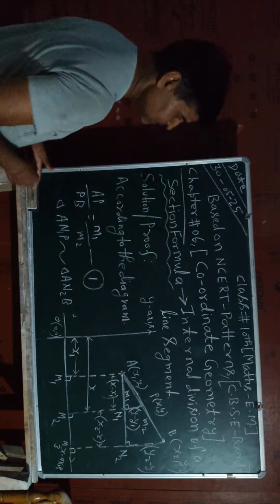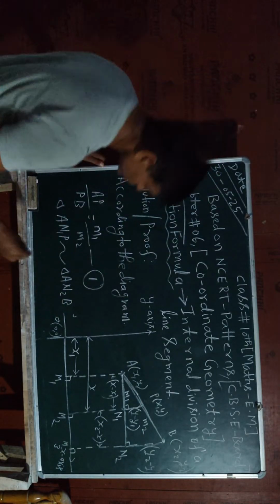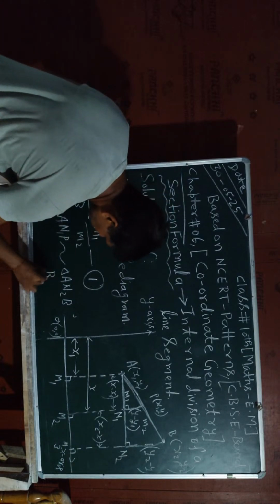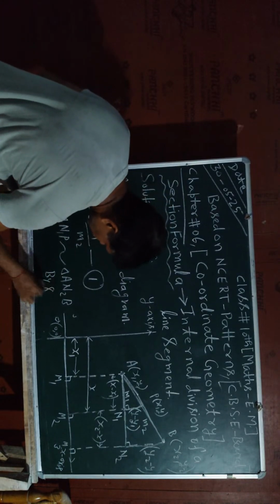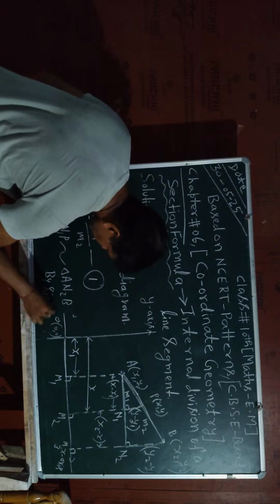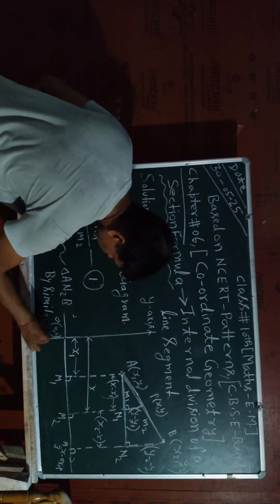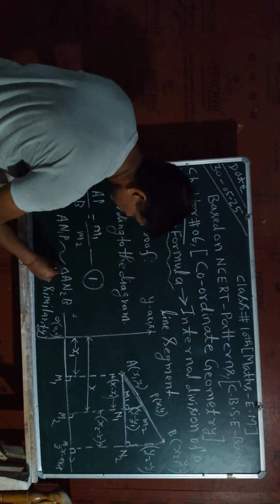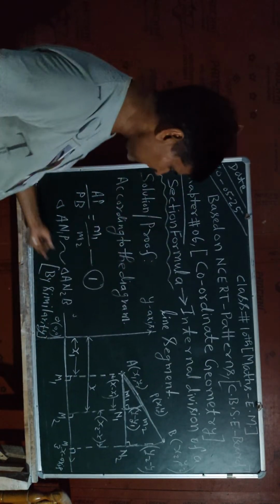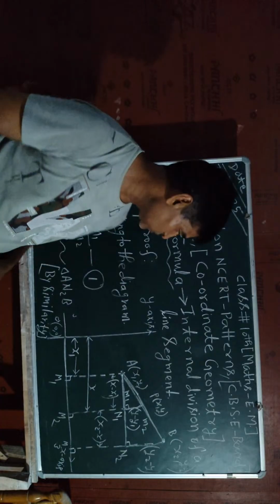Both angles are similar, according to similarity. Here I have written the information by similarity, so this triangle and this triangle are equivalent to each other.